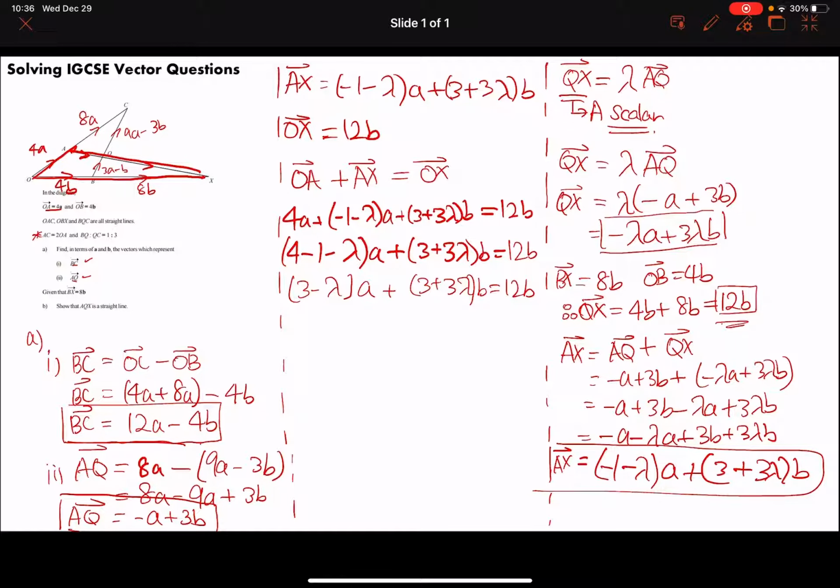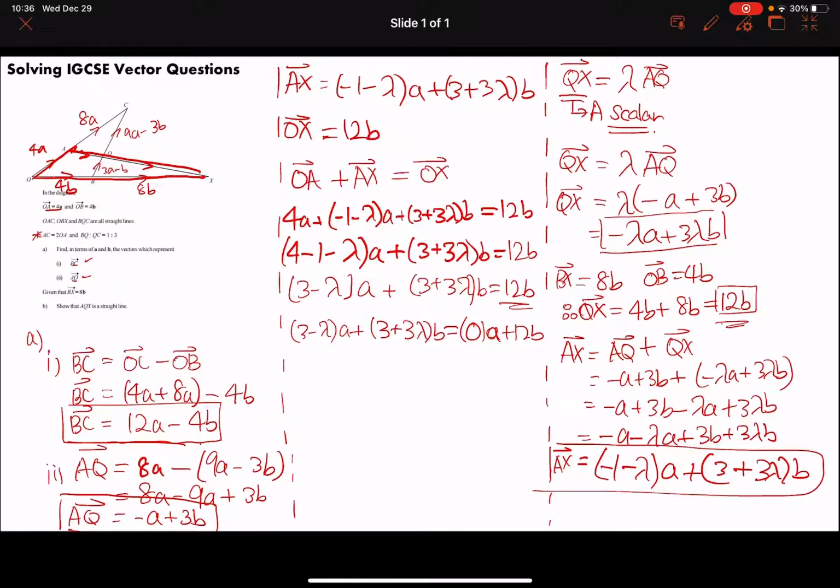Now if you make some modification on this side, we'll do 3 minus this A plus 3 times this B equals 0 times A plus 12B. We're just doing 0 times A because it makes something easier.